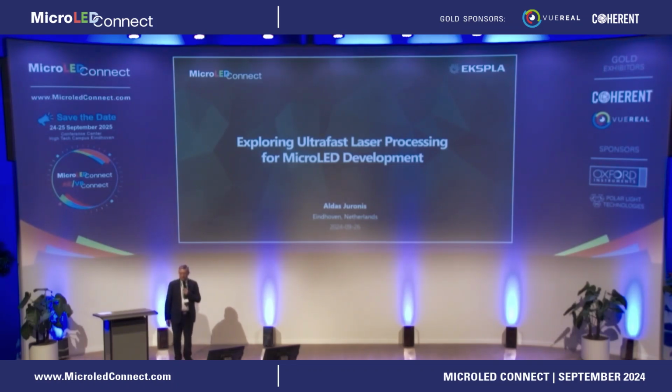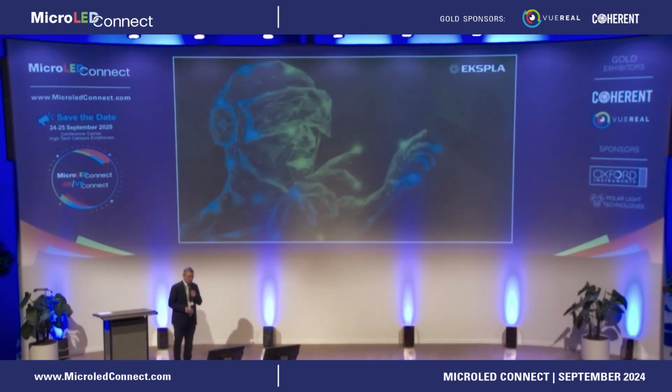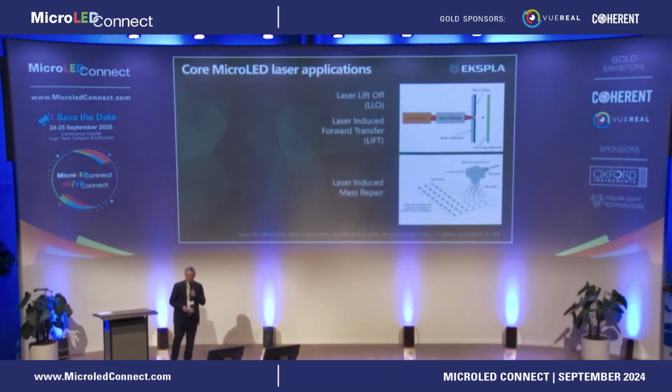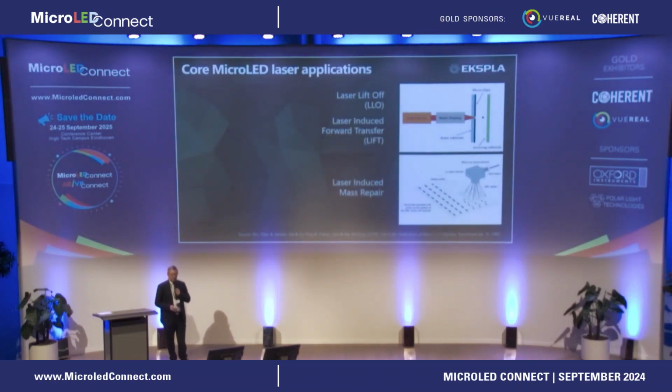What my company EKSPLA does is we focus on producing laser sources, and I will try to explain how modern ultrafast lasers can be used for the production and development of micro LEDs. You already heard yesterday a number of applications.